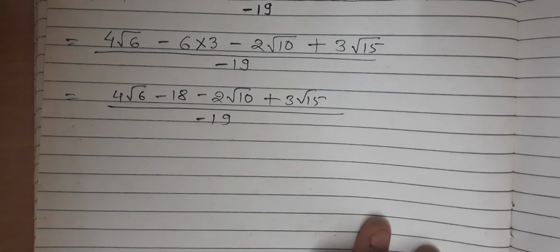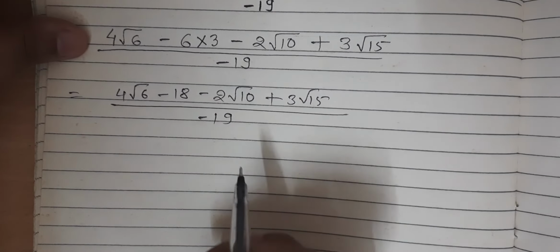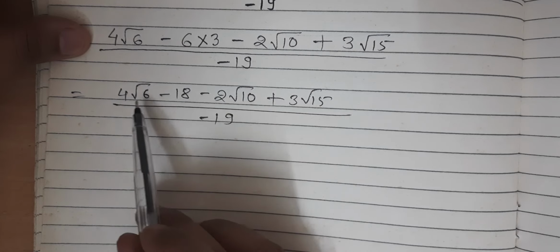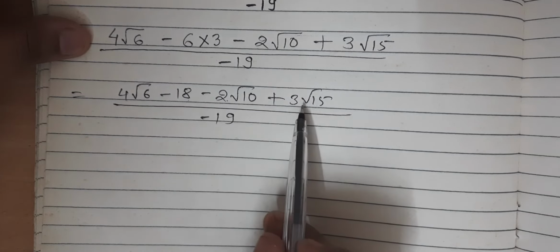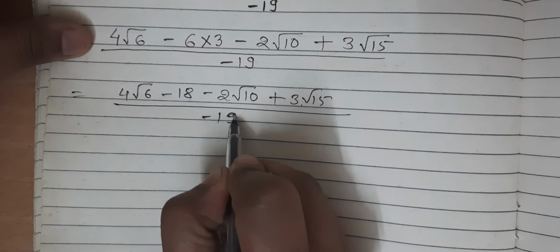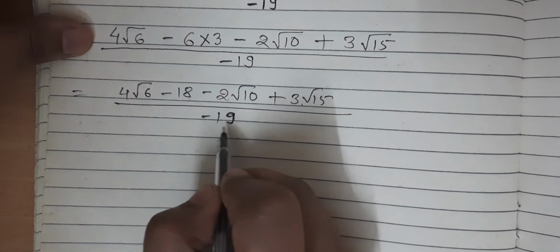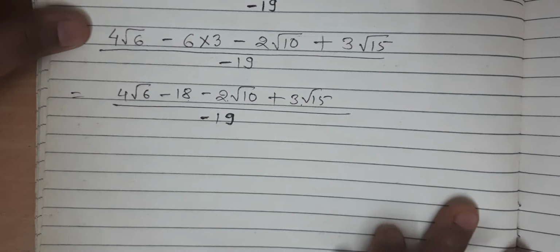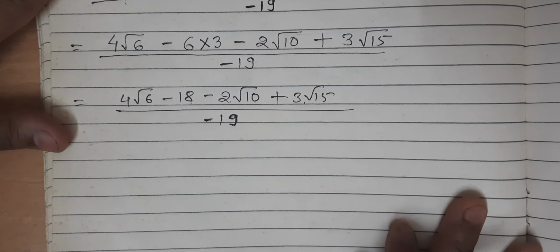So now can we further simplify? No, we cannot, because nothing is common. Here 2 is common, but here there is no 2, and 2 is not even common in 19. But you remember, you always need to write your answer in the simplest form, in the standard form.